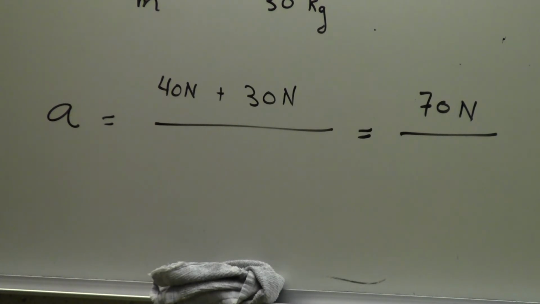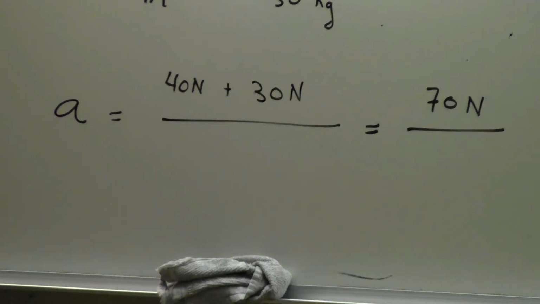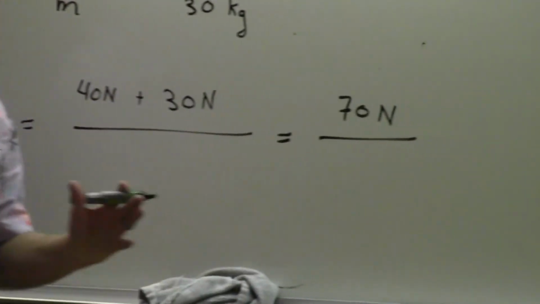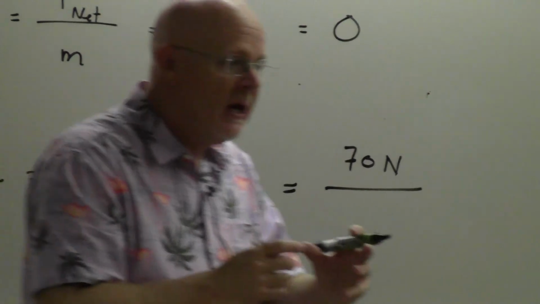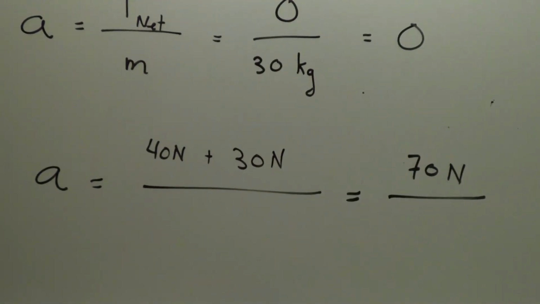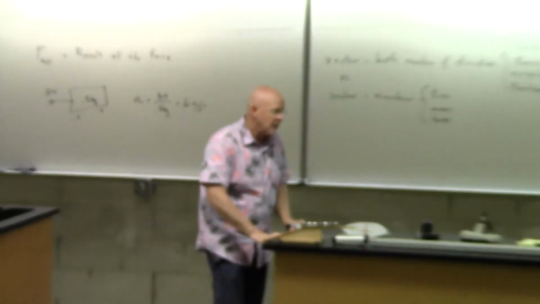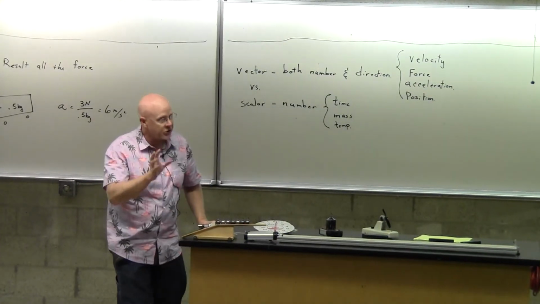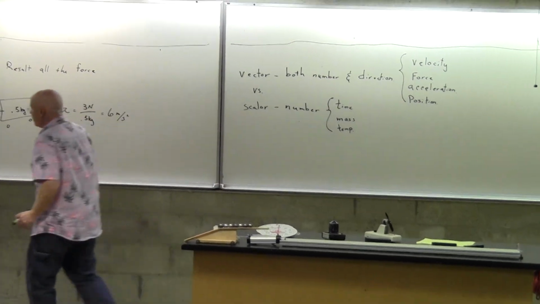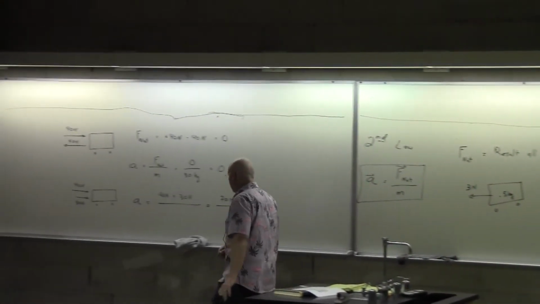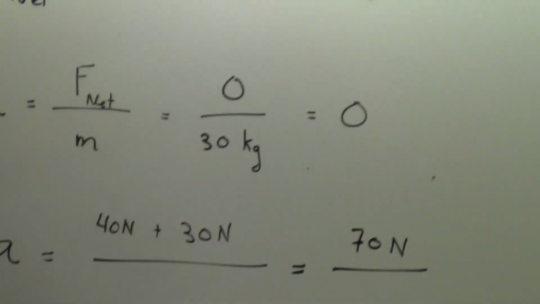This is just another way of saying that the two of these forces is the equivalent of one force of 70. Exactly. And so the motion of this cart is determined not by one force individually, but all the forces on it. So that's why we call it the net force. And again, also what direction they are.